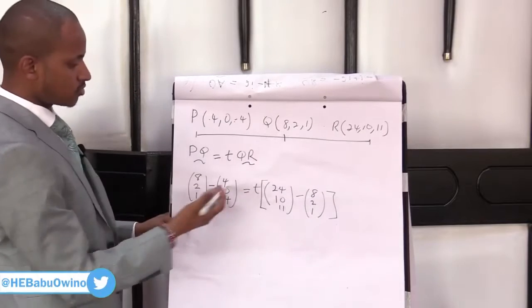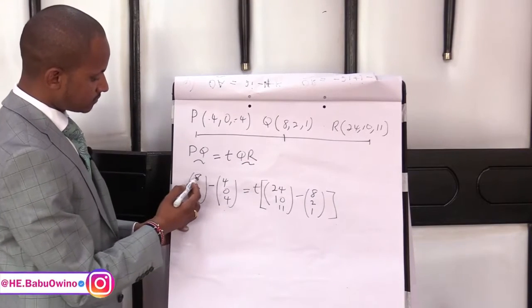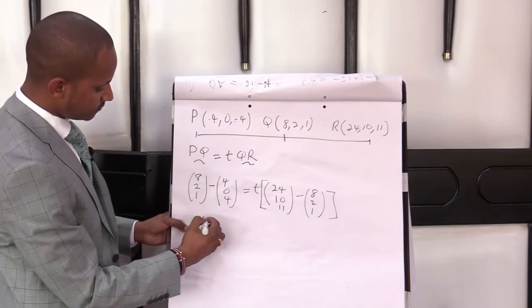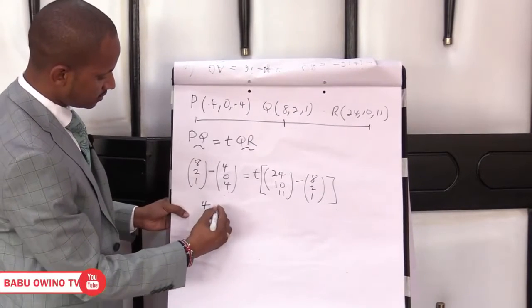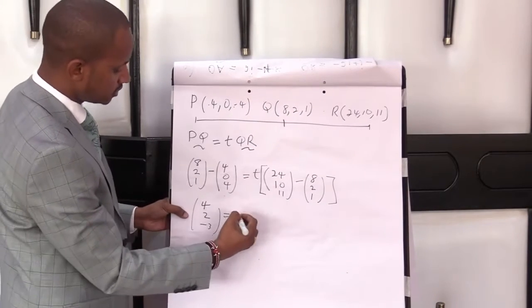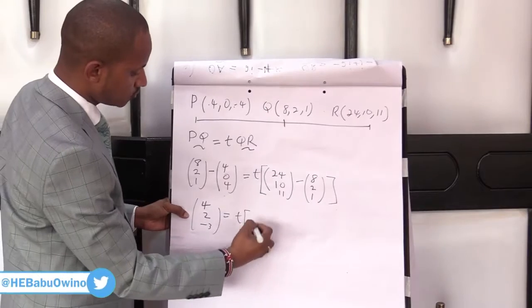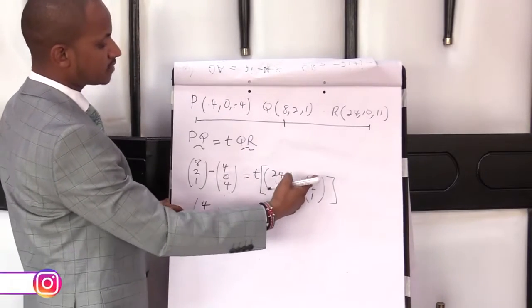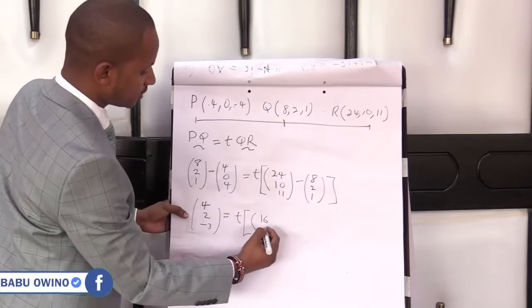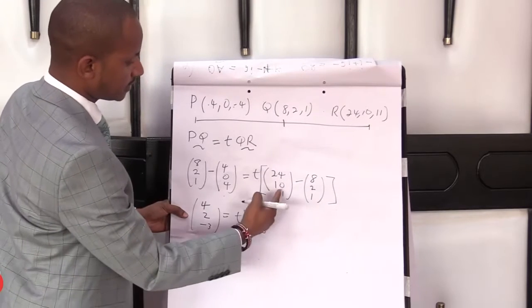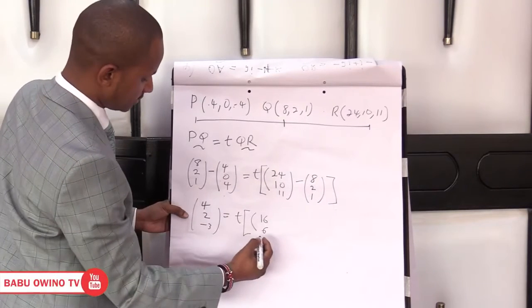So let's open the brackets. 8 minus 4 is 4. 2 minus 0 is 2. 1 minus minus 4 is 5, equals T into 24 minus 8 is 16. 10 minus 2 is 8. And 11 minus 1 is 10.